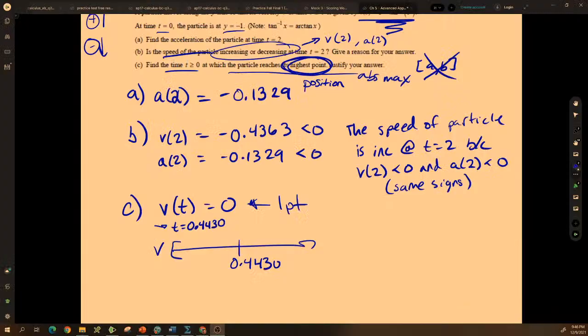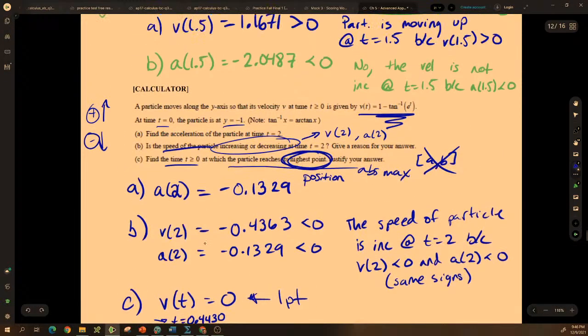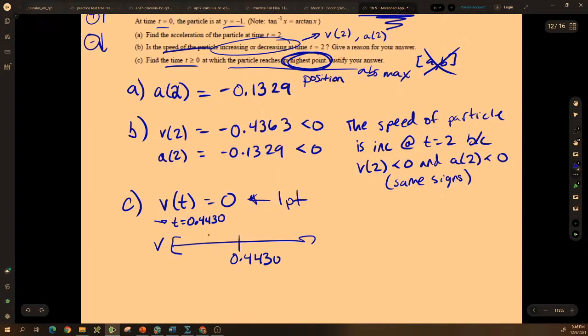So I can fill that in on my number line. First it was positive, and then we're negative. So this graph increases, then decreases. So because this is the only time where I have anything that looks like a max, that has to be the absolute max.